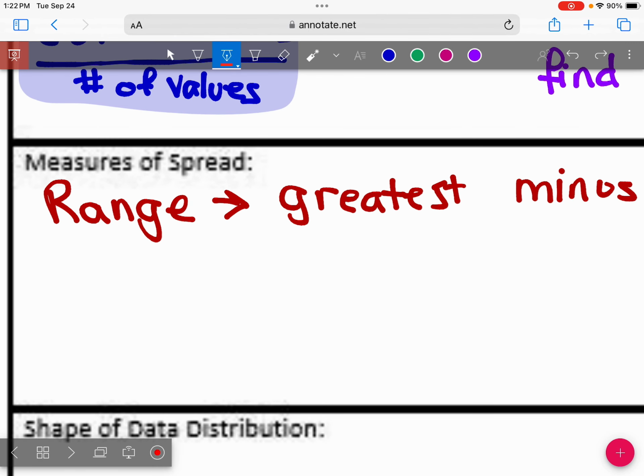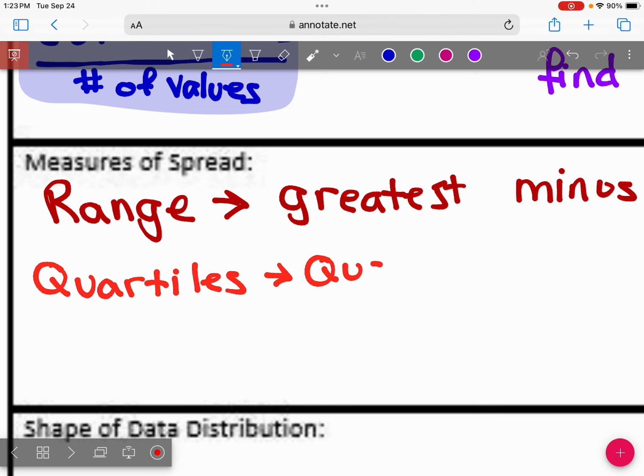We're going to use something called quartiles, which we might have seen in IQRs. Yes, that's exactly what we would be talking about, the IQR. What this does is it takes our data and cuts it into 4 pieces. Quartiles is actually quarters. It's just a super mathy way of saying quarters.